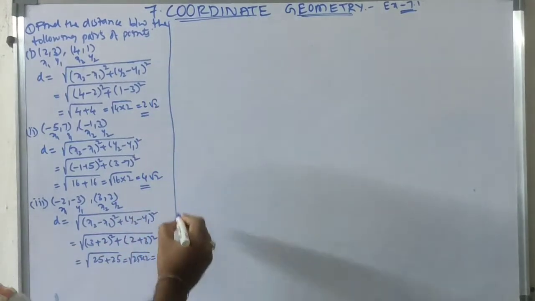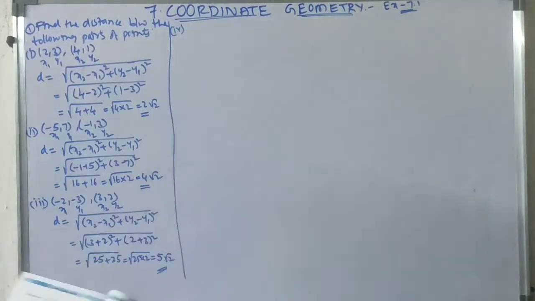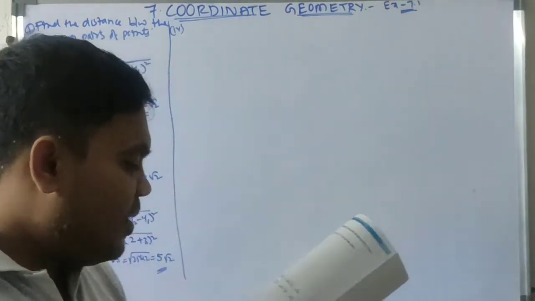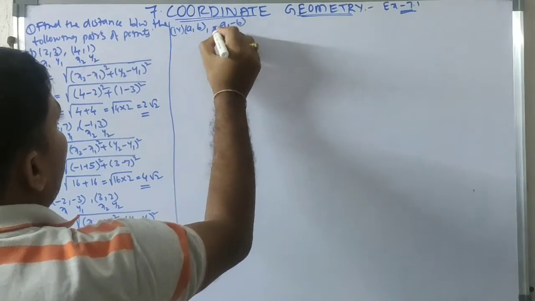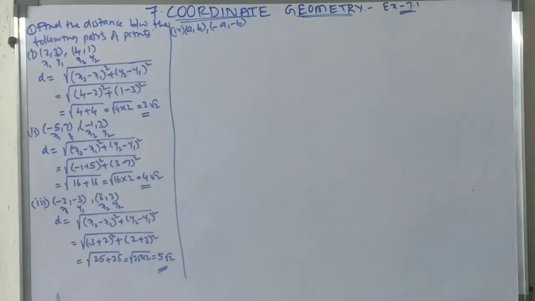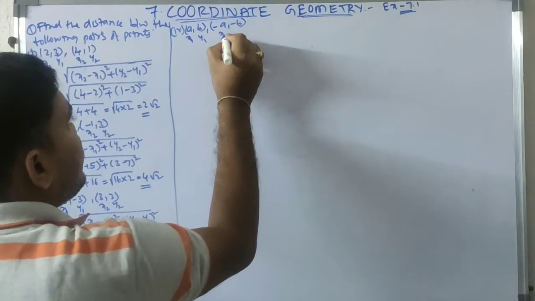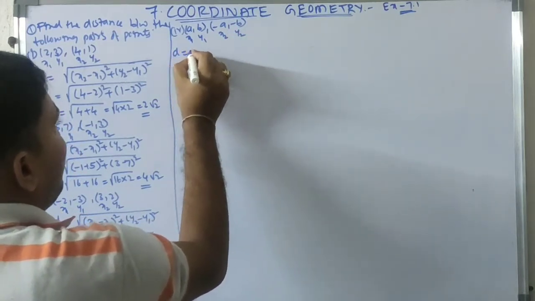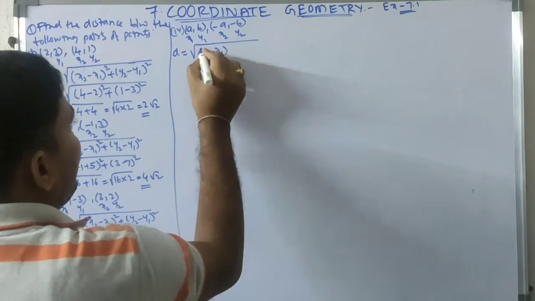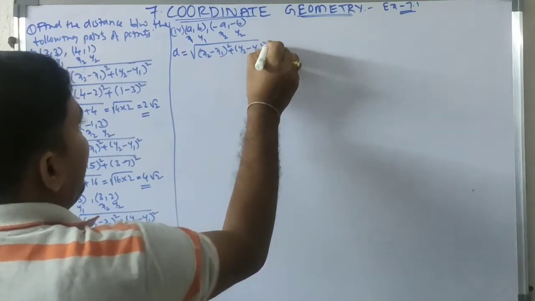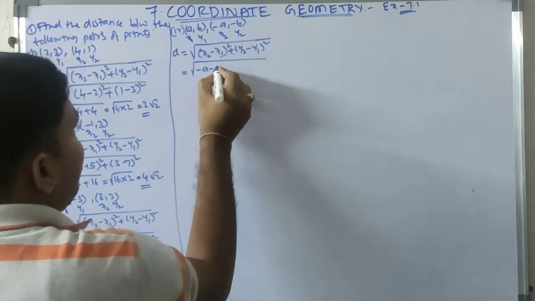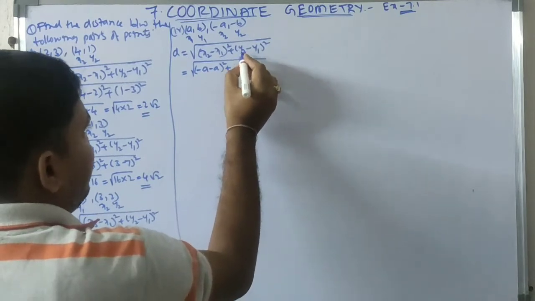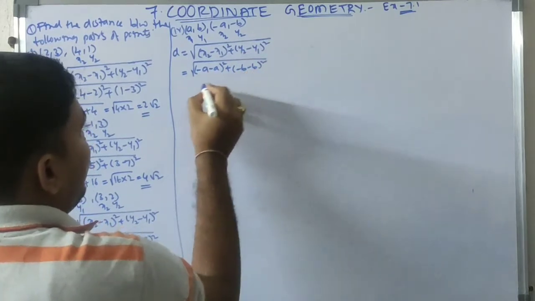Next, the fourth question is (a, b) and (minus a, minus b). The first point is a comma b, the second is minus a comma minus b. So these are x1, y1, x2, y2. The distance formula again: under root of (x2 minus x1) whole square plus (y2 minus y1) whole square, which is under root of (minus a minus a) whole square plus (minus b minus b) whole square.